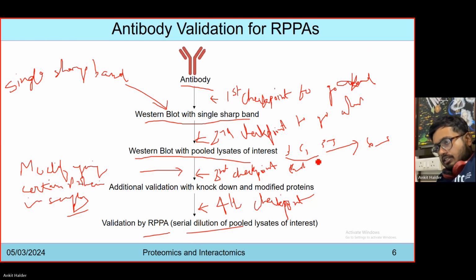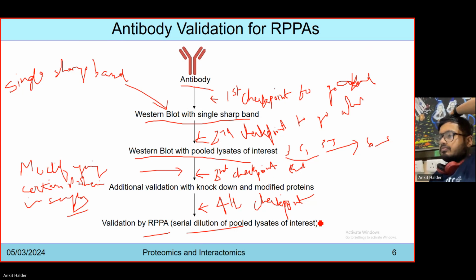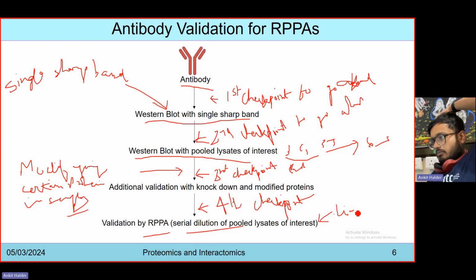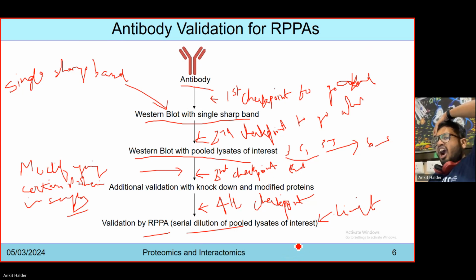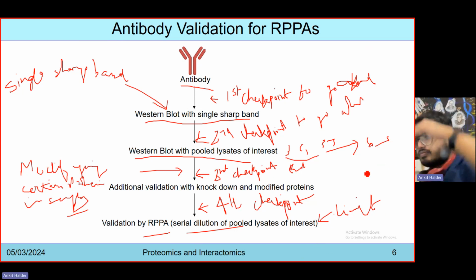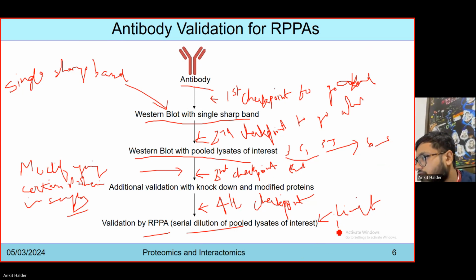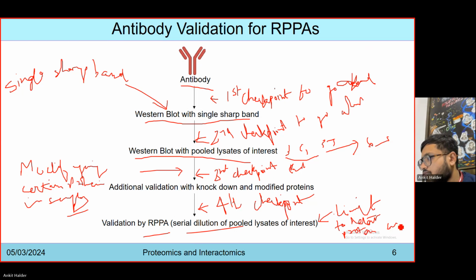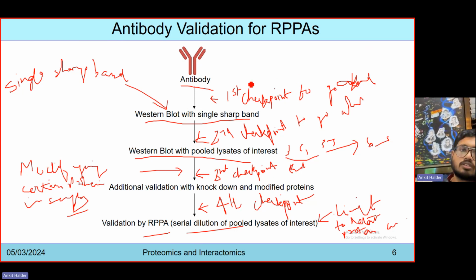So that the lowest concentration proteins at the limit, so the limit to detect those protein concentrations.